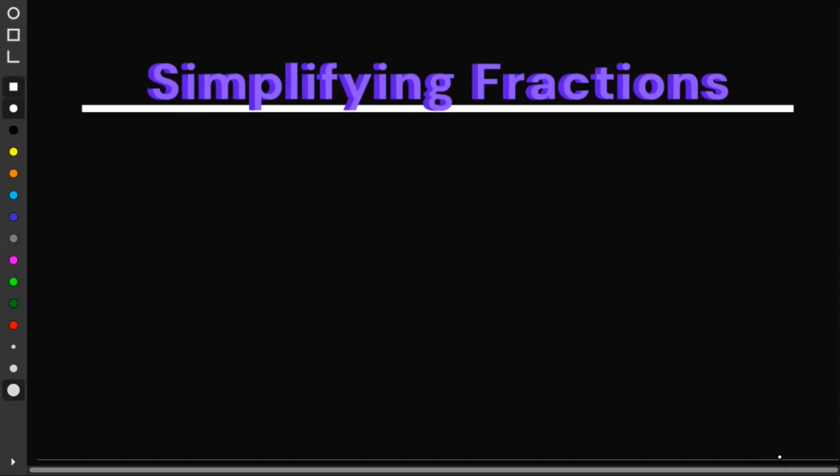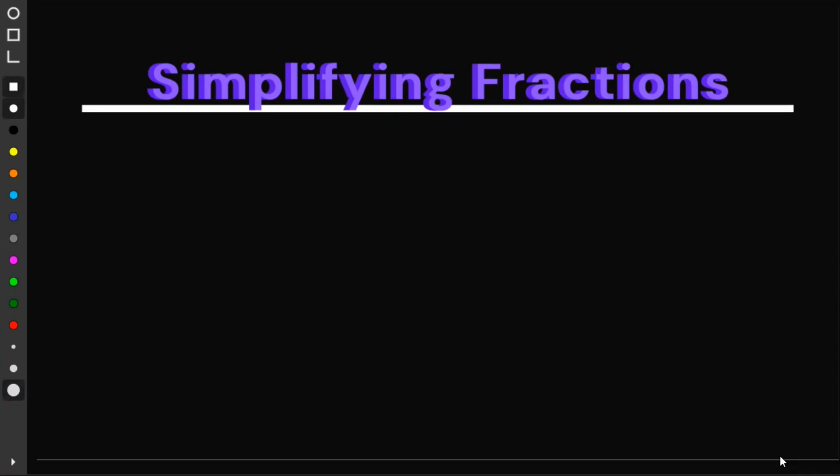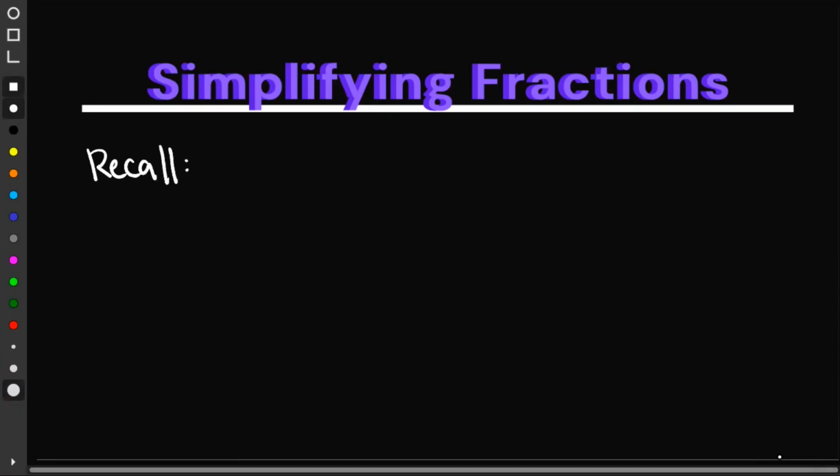So for this video, we'll be showing more examples on how to simplify fractions and get its lowest terms. So first, as a recall, in the previous video, we have shown what we mean by simplifying fractions.